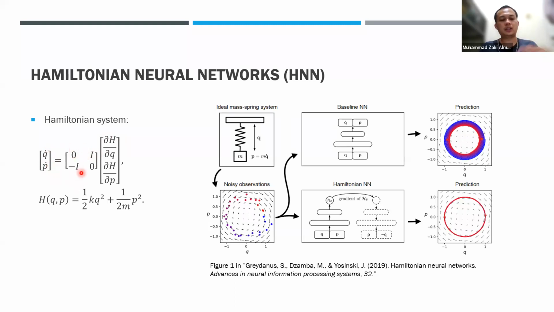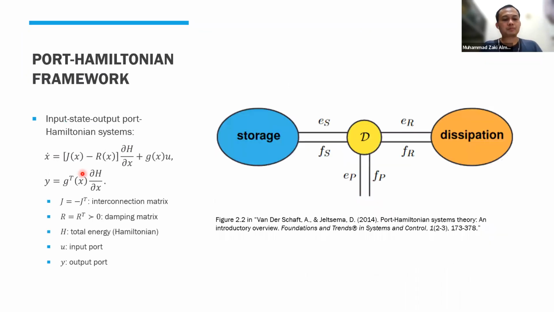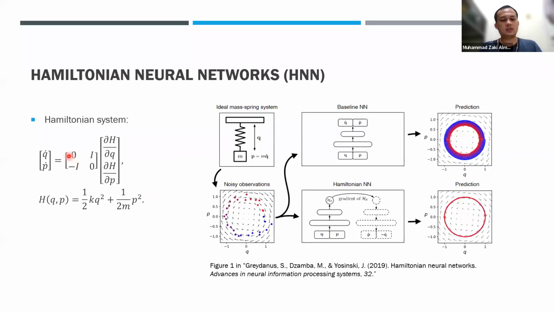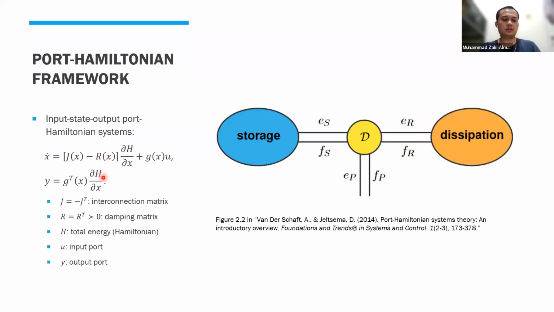This matrix is basically interconnecting the position and the momentum. And in the Port-Hamiltonian framework, we have the matrix J as the interconnection. So if we take J as 0, 1, minus 1, 0, and R = 0, G = 0, we recover the classical Hamiltonian systems.